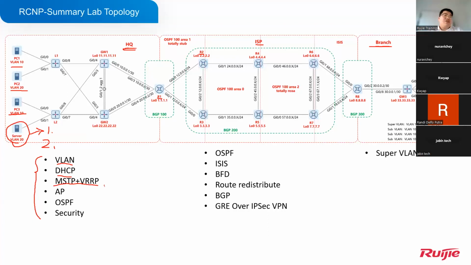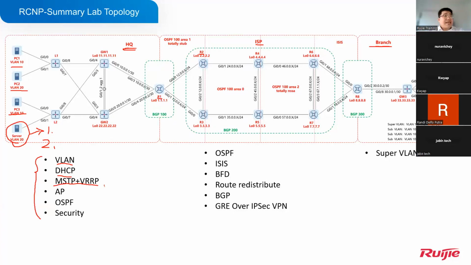Spanning tree is mainly used to calculate the topology and find out some ports, then block them. So in this way, we can solve the problems caused by layer 2 loops, right? While MSTP is a multi-instance spanning tree protocol.